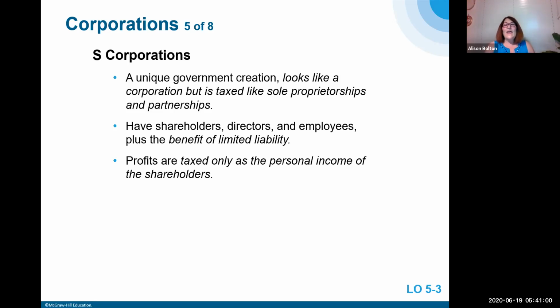And then only profits are taxed at the personal income. We hear a lot of people who get a mailbox in Nevada and get an S corporation there. They didn't have taxes the same as California, and so it reduced their personal taxation. We see that happen a lot.